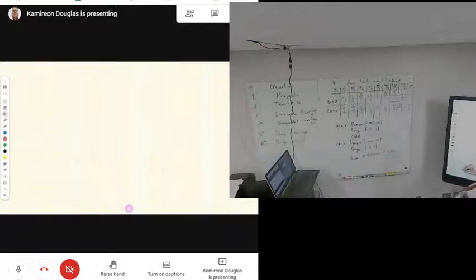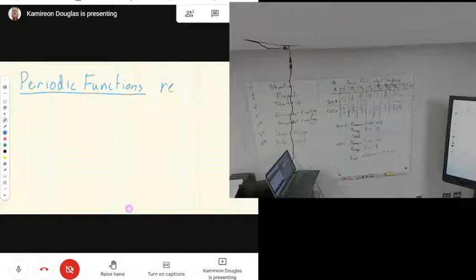Now, last thing I want to mention, the last factor applies to both of these, and it's a definition. These are what we refer to as periodic functions. Periodic functions are functions that, by definition, repeat the same pattern after a shift.